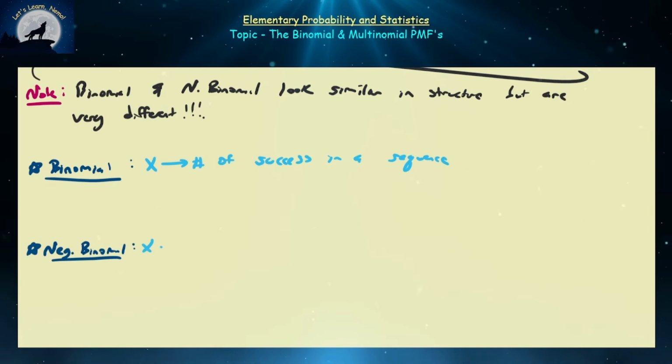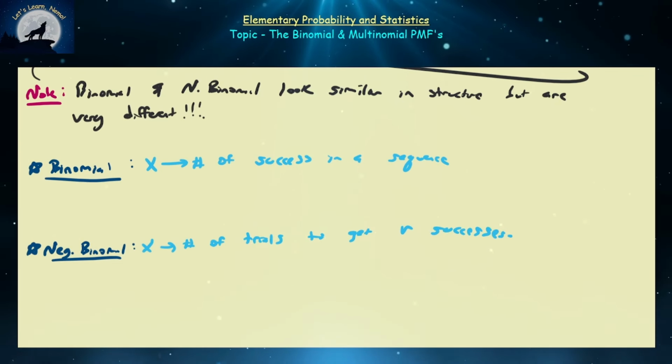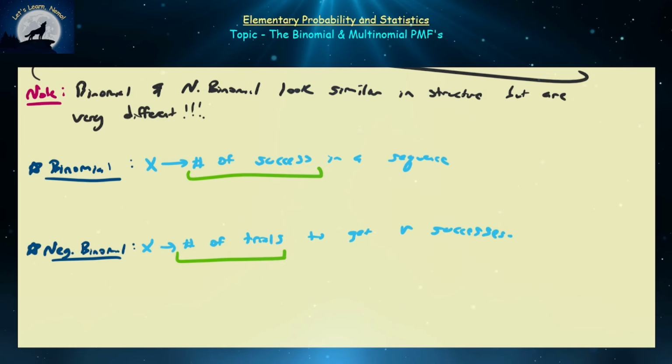And x for negative binomial represents the number of trials to get our successes. So x represents the number of successes for binomial, and for negative binomial, x represents the number of trials. So it is measuring something completely different.